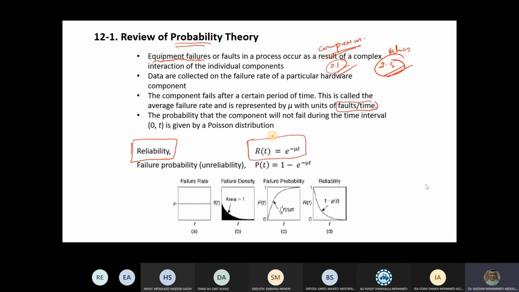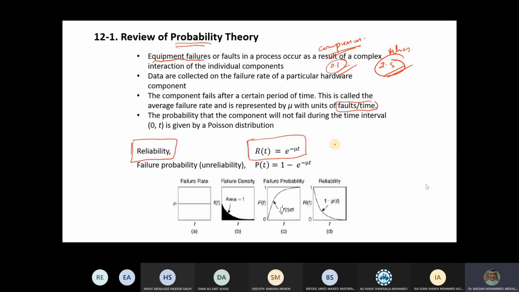The reliability, which is something good, is the exponential of negative mu times t, where mu is the faults per time, how many failures I have per time, and t is the time. Now, if I want to calculate the failure probability, which is the unreliability, which we represent as P of t, it is equal to 1 minus the reliability.